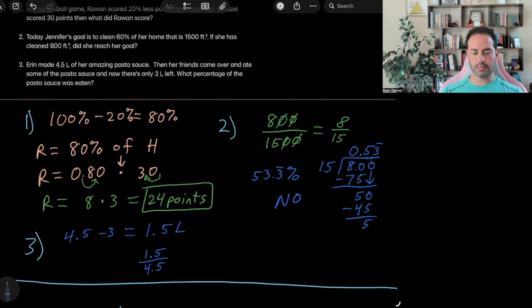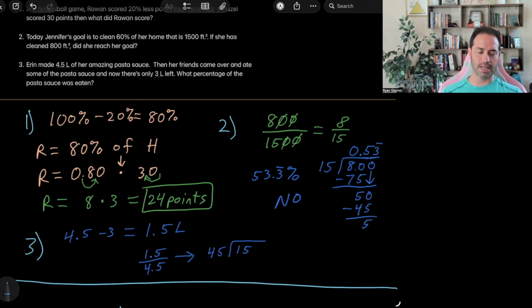Okay, so what we're going to do is we're going to change this. I'm just going to multiply each one by 10 so that we don't have a decimal anymore. So if I change that to 45 and 15, right? Notice I balanced it out. I multiplied each one by 10. So I moved the decimal one place to the right.